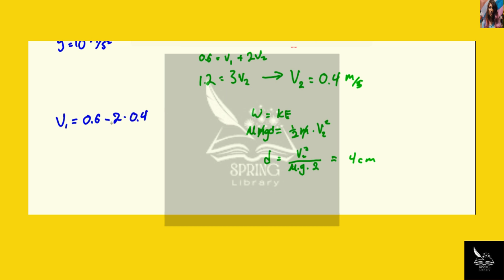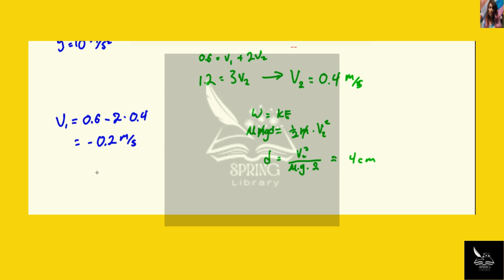So 0.6 minus 2 times 0.4 is 0.6 minus 0.8. So we're going to end up with negative 0.2 meters per second for the smaller block. So it has recoil and is moving backwards.